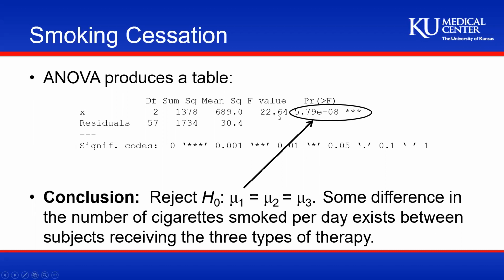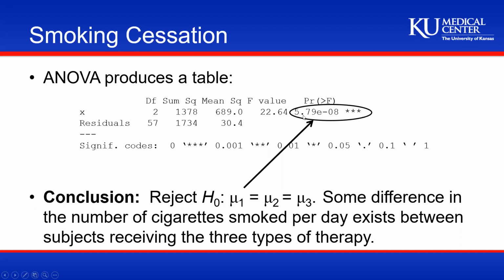So how does this apply back to our hypotheses? Does it really tell us what we're after? Well, it does tell us that we should reject the null. If the means are the same and we have equal variances between groups, the mean square between groups should be equivalent to, or really close to, the mean square within groups if there's no treatment effect.